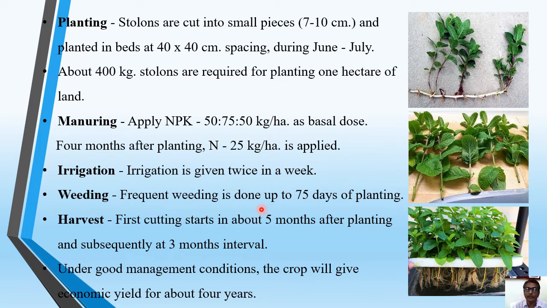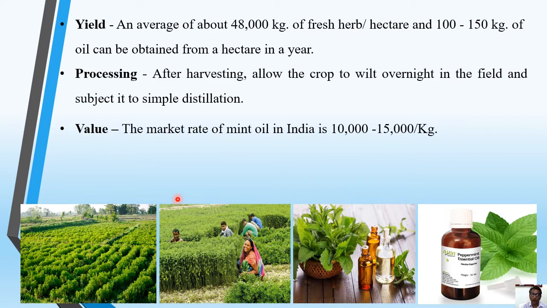Under good management conditions, the crop will give economic yield for about 4 years. About the yield, an average of about 48,000 kg of fresh herb per hectare. This is the yield, and 100 to 150 kg of oil can be obtained from a hectare in a year.